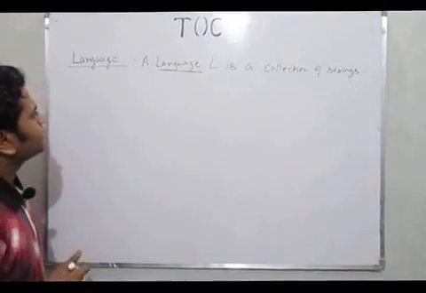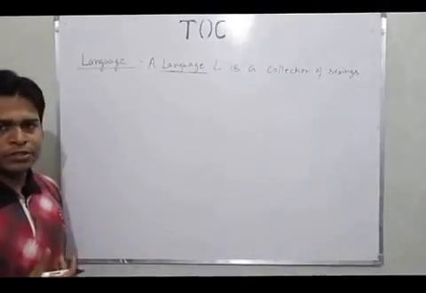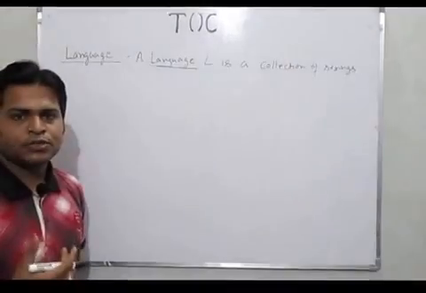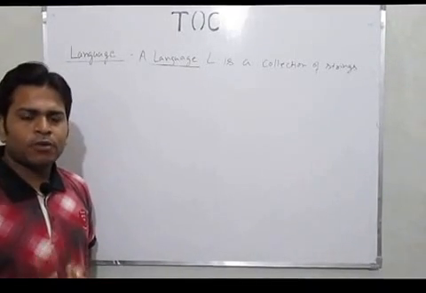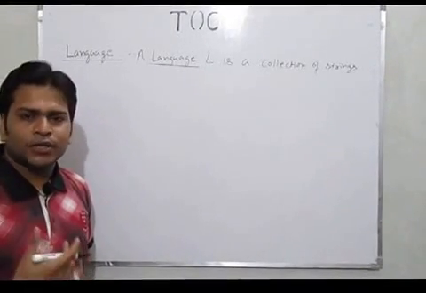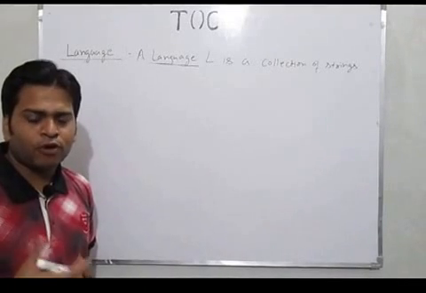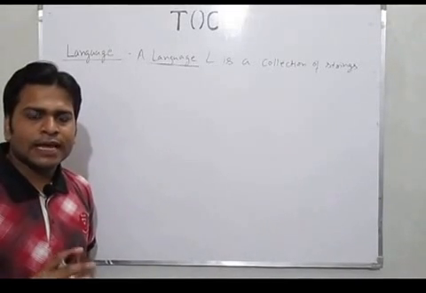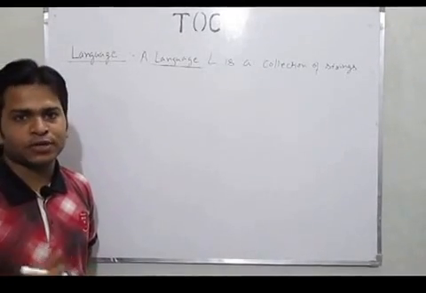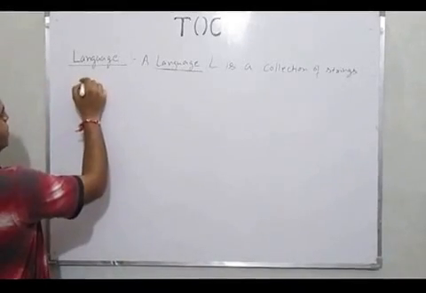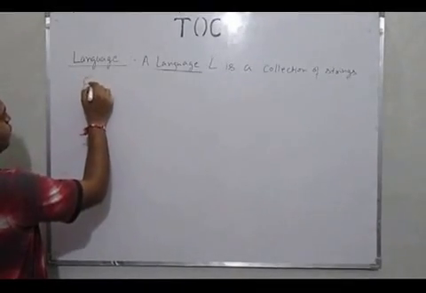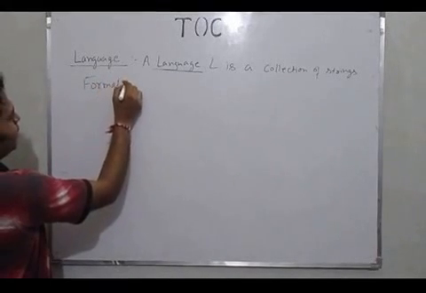But here, when we say a language in TOC, the language is known as a formal language. And what is formal language? A formal language is basically used to formalize a language, that is, a collection of strings. That means the language that we discuss in TOC is known as formal language.